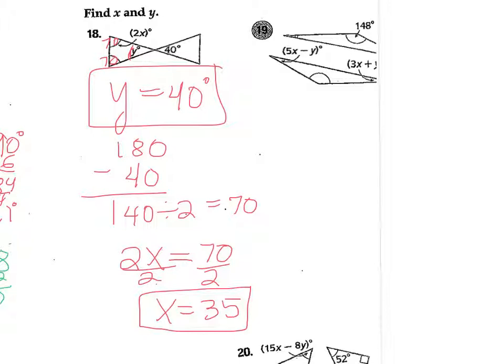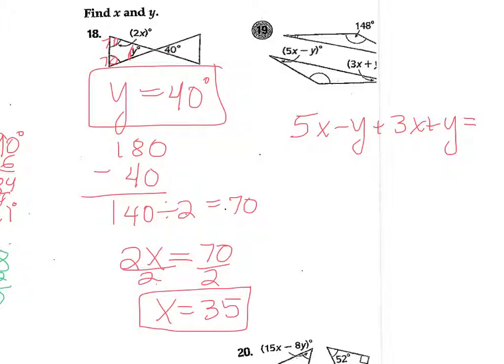Okay, number 19. Any ideas on what to do here? You have to put the numbers together. What do I put together? What you're going to do is add 5x minus y and 3x plus y, and you're going to equal it to 148?